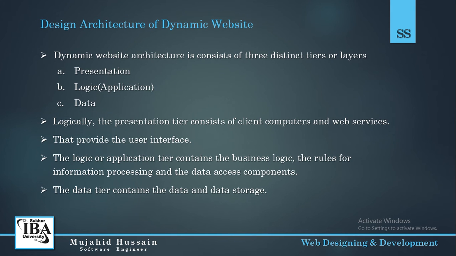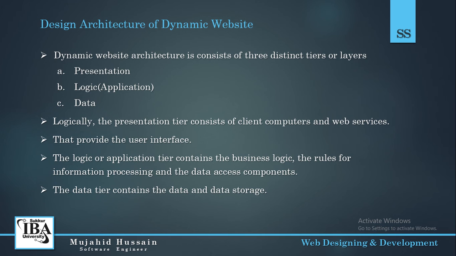Design architecture of the dynamic website. Dynamic website architecture consists of three distinct tiers or layers: presentation, logic or application, and data. The presentation tier consists of client computers or web services that provide the user interface. The logic or application tier contains the business logic, the rules for information processing and the data accessing components.